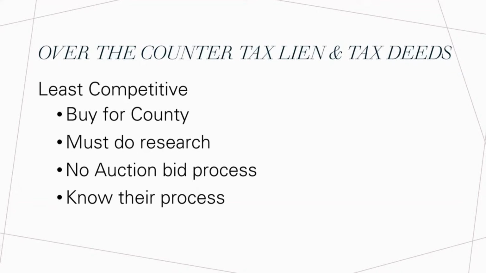This is a phenomenal opportunity to get involved in when you're talking about OTC tax liens and tax deeds, because there's essentially no competition. You just go buy them for the most part. But when you're buying them, understand this, much like I said with the slide before, understand what your end game is. What do you want to do with that property?